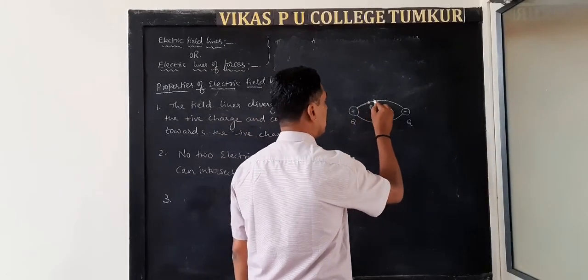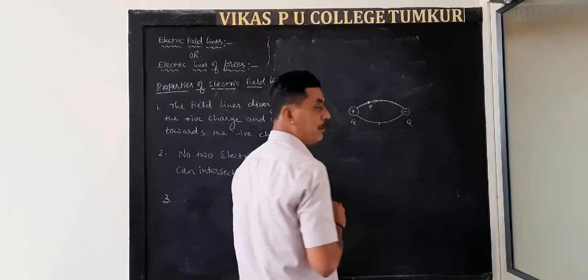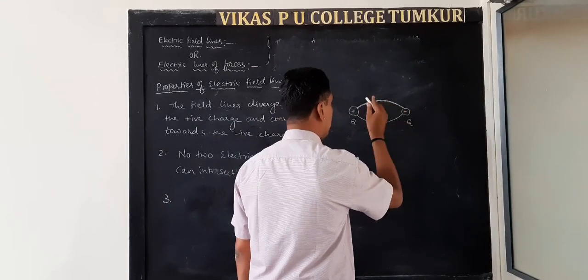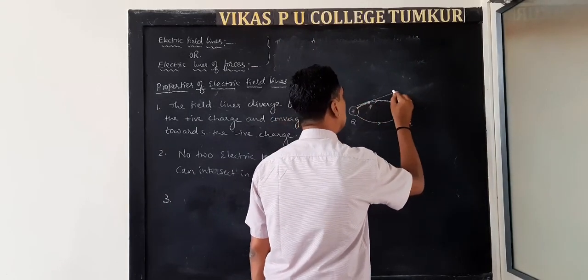And this is the electric field line passing through point P. ಈ ಪಾಯಿಂಟ್ ಅಲ್ಲಿ ಈ ಎಲೆಕ್ಟ್ರಿಕ್ ಫೀಲ್ಡ್ ಲೈನ್ ಏನಿದೆ ಆ ಪಾಯಿಂಟ್ ಒಂದು ಟ್ಯಾಂಜೆಂಟ್ ಹಾಕ್ಬಿಡ್ತೀನಿ ನಾನು.